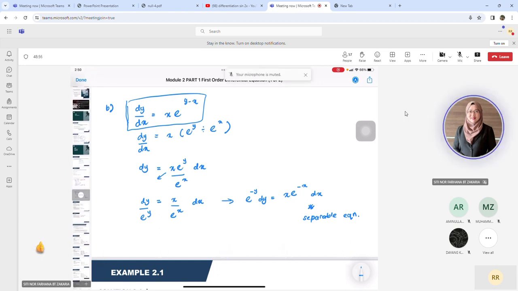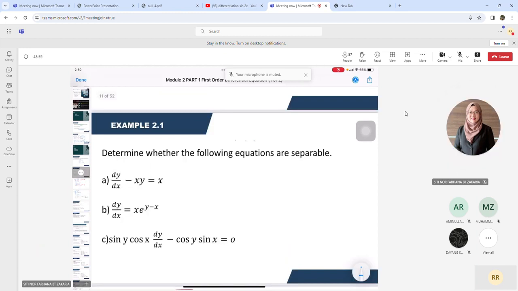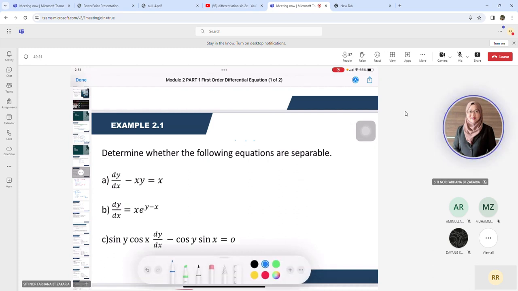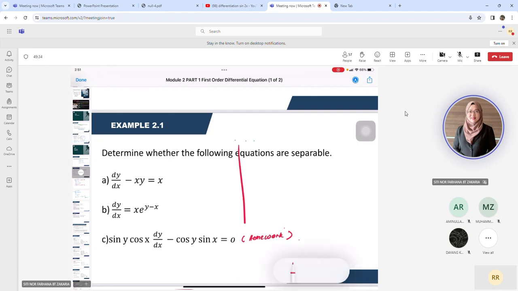Okay. How about C? Want to try C? Prove that this one is separable. Okay, this one kita note as homework. So bila jumpa nanti kita panggil salah seorang untuk answer this question.